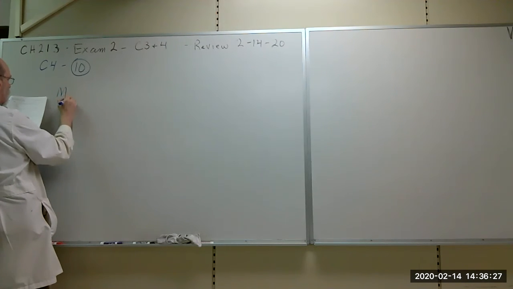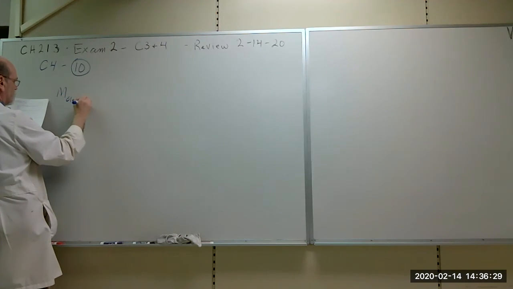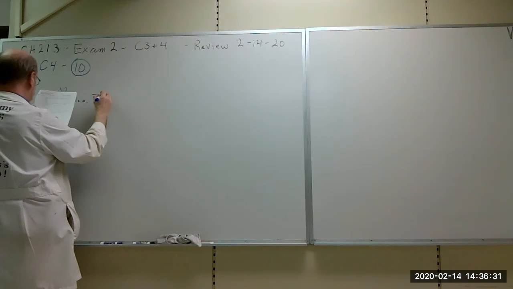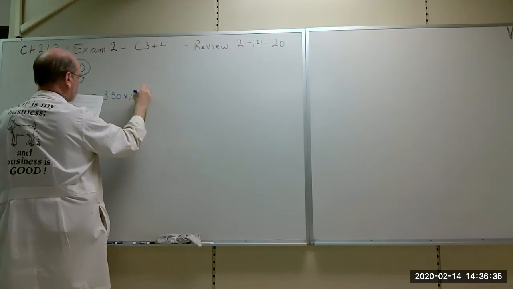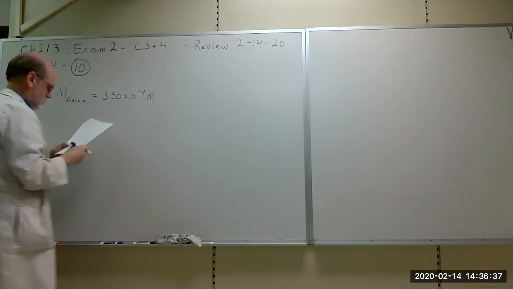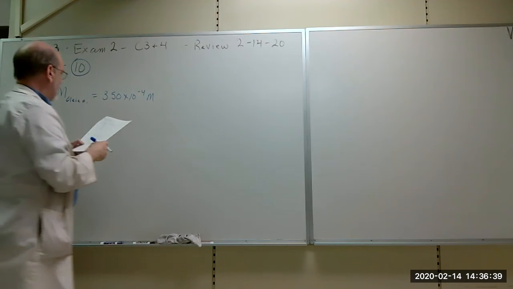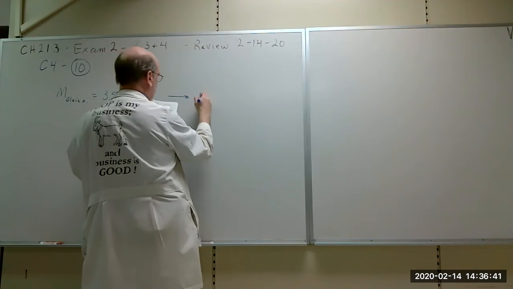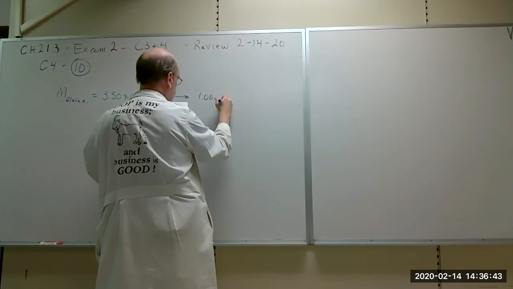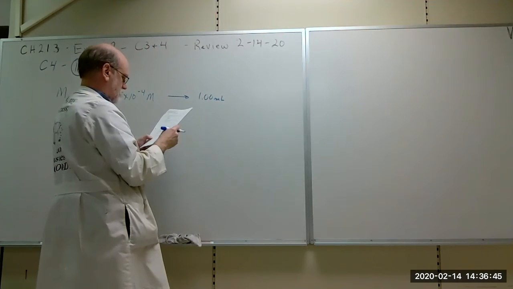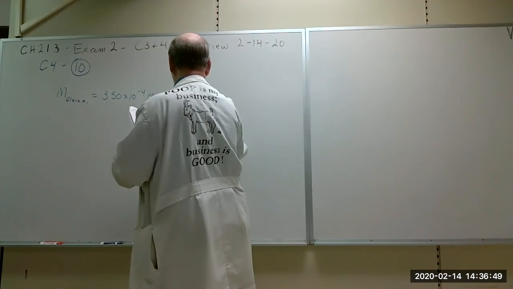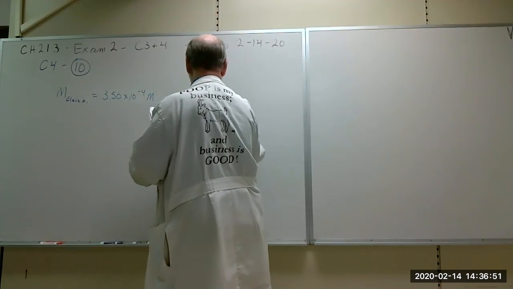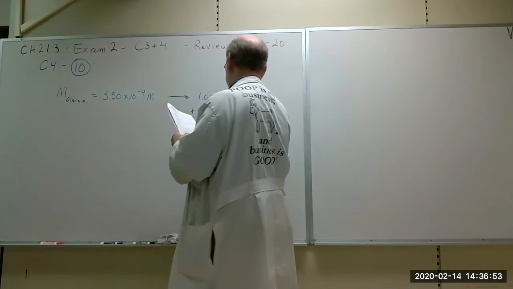So we're given, to begin with, the molarity of our oleic acid is 3.5 times 10 to the minus 4th molar. And out of this, we're going to take 1 milliliter and add 9 milliliters of petroleum ether.